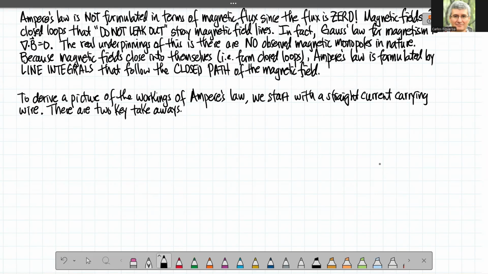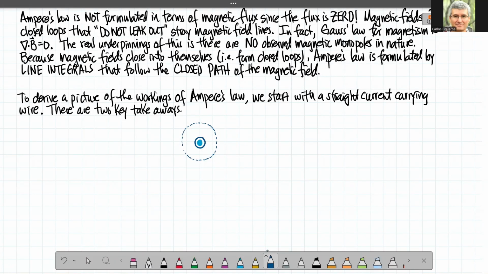So the first thing, let's draw the magnetic field of a wire. If I look at a magnetic field of a wire, you could imagine that I have, let's say that this is my current. Now I'm going to draw my closed loop of the magnetic field.